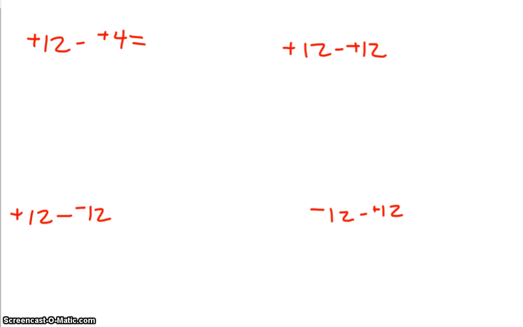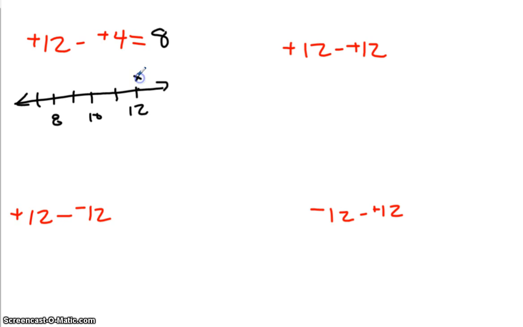So the first problem I have here is simply positive 12 minus a positive 4. Well, this is simple. 12 minus 4 is equal to 8. The difference here is if I went on a number line and I started at 12 and I subtracted, or I moved to the left 4 places, 10 and 8.